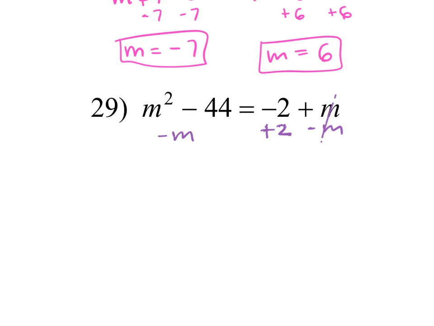No, they are not like terms, cannot combine them. So I have m squared minus m, but I can combine negative 44 plus 2. So what's negative 44 plus 2? Negative 42. What are two factors of negative 42 that add to negative 1?